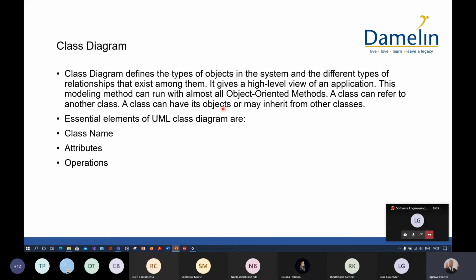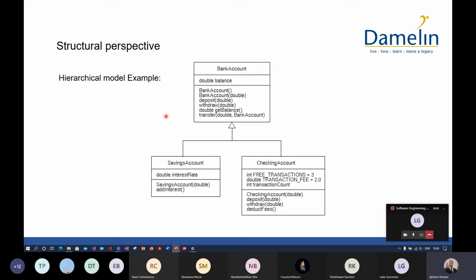A class can have its object or may inherit from other classes. Just like the example I showed you in the previous slide, a class can inherit its attributes from other classes. So essential elements of UML class diagrams typically include the name of the class, the attributes, and its operations, just like they did here.